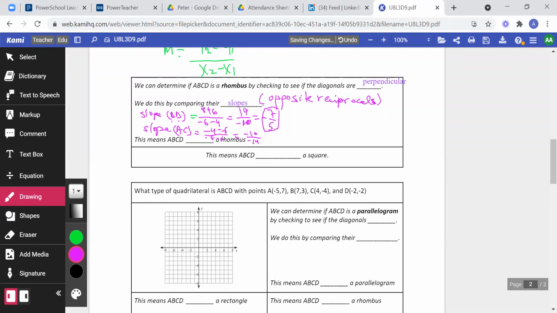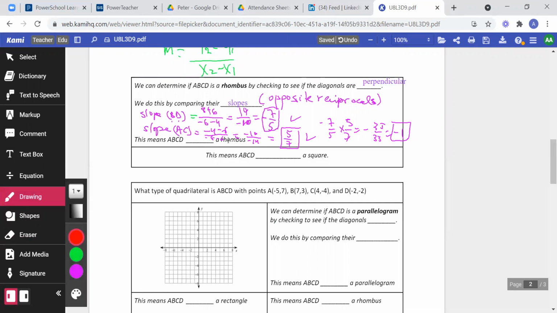If you do your calculation very well, you're going to have 5 over 7. And as you can see, if you multiply the two numbers, -7 over 5 times 5 over 7, that will be -35 over 35, which is what? -1. So the two slopes are negative reciprocals of each other.